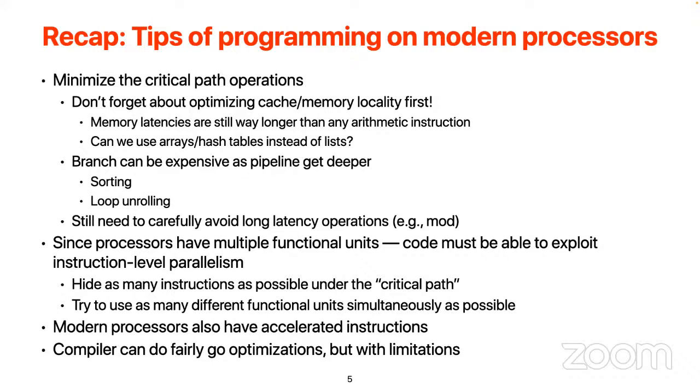Okay, another thing. Since the processor has multiple functional units, your code must be able to exploit instruction level parallelism. Remember, starting from today, we are going to talk about many types of parallelism. Instruction level parallelism means the ability to execute instructions from the same running instance concurrently.